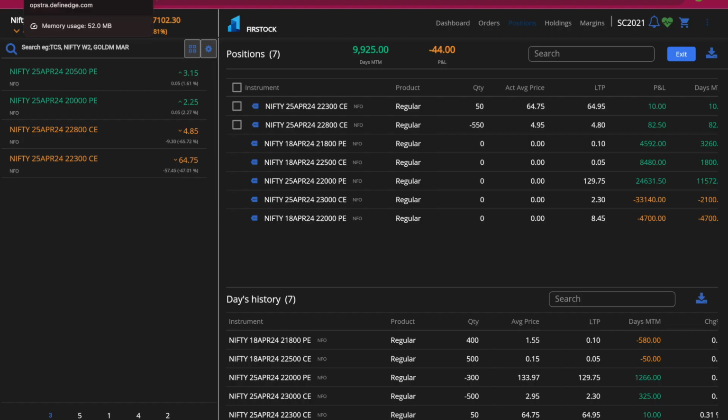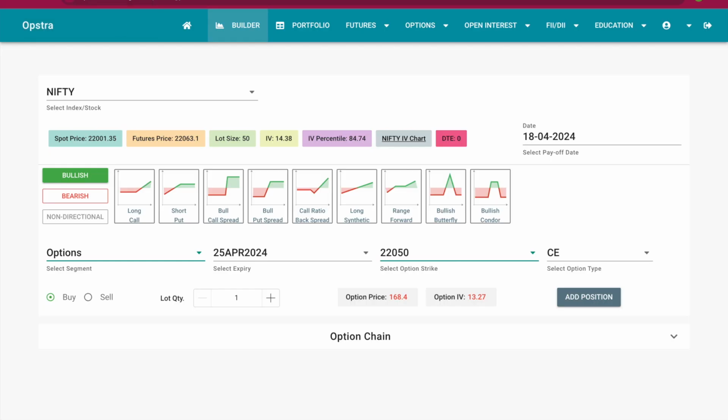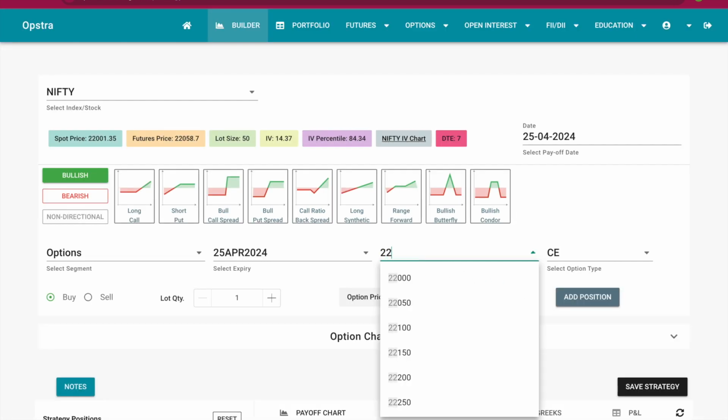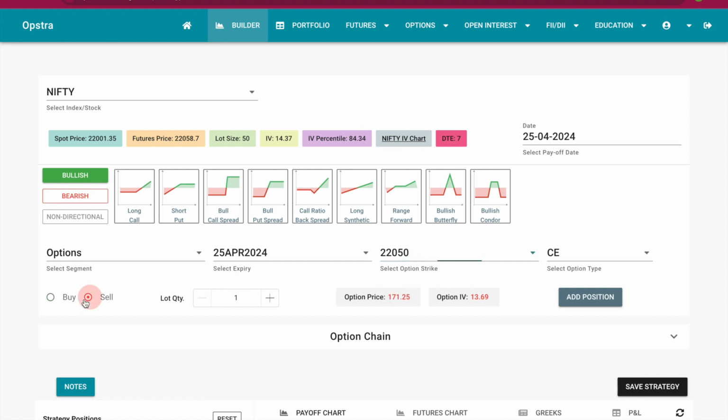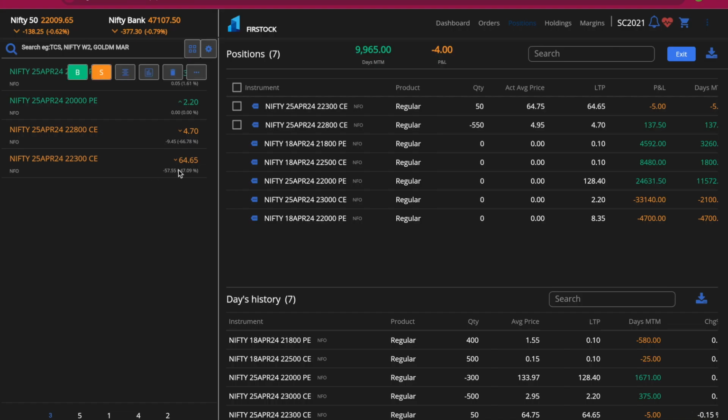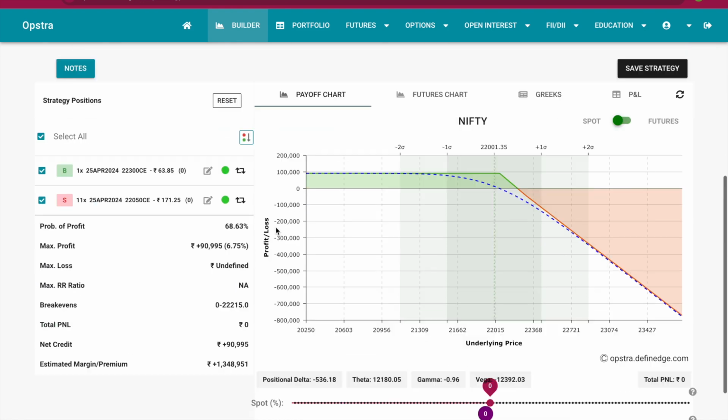In these options, what we have done, we have bought 22,300 CE, control A, 22,300 CE is being bought and 22,800 CE has been sold. That is 11 lots. Some problem with that again. 64.75 and 4.95.